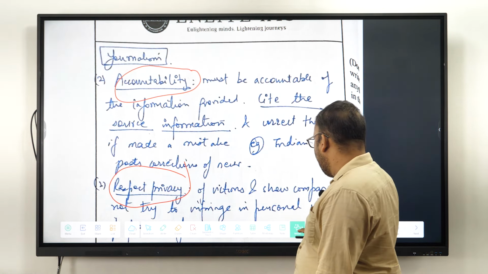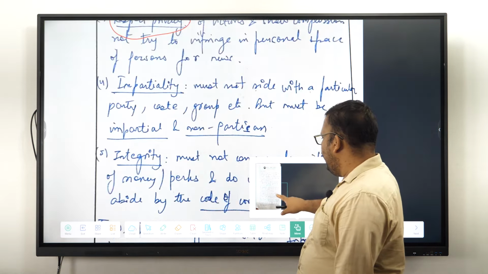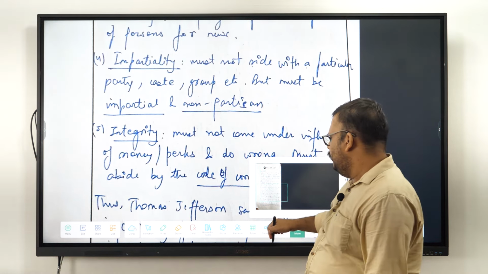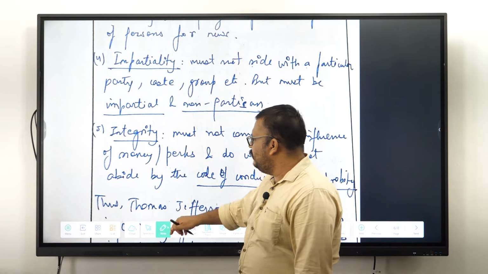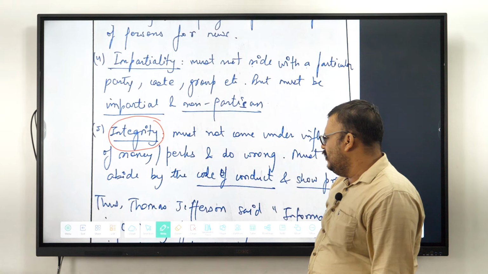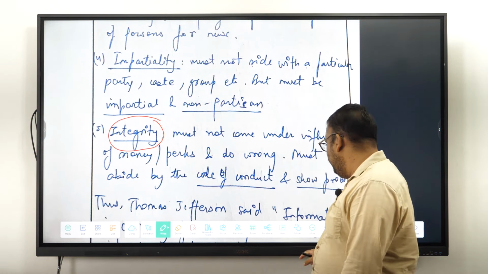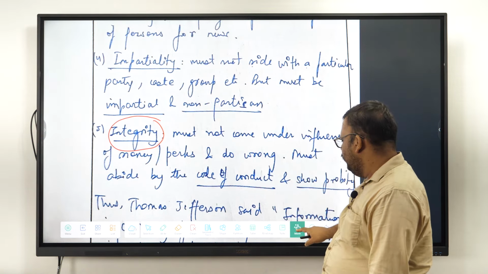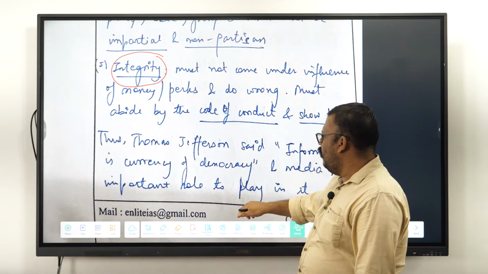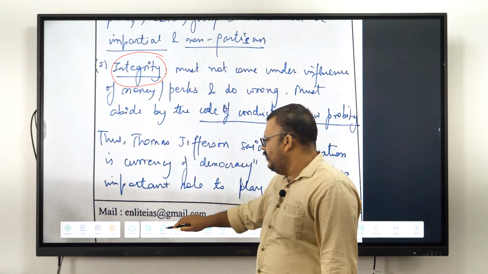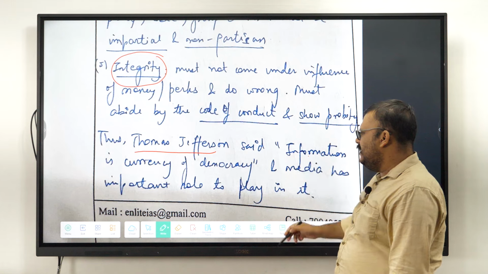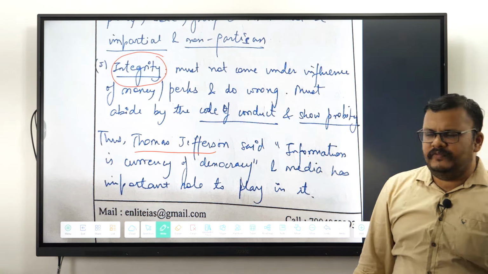In this particular answer, Archit has been trying to bring in examples or points from his personal experience, from what he has read, and integrity within the organization. He is concluding the answer with the quote of Thomas Jefferson: information is the currency of democracy.